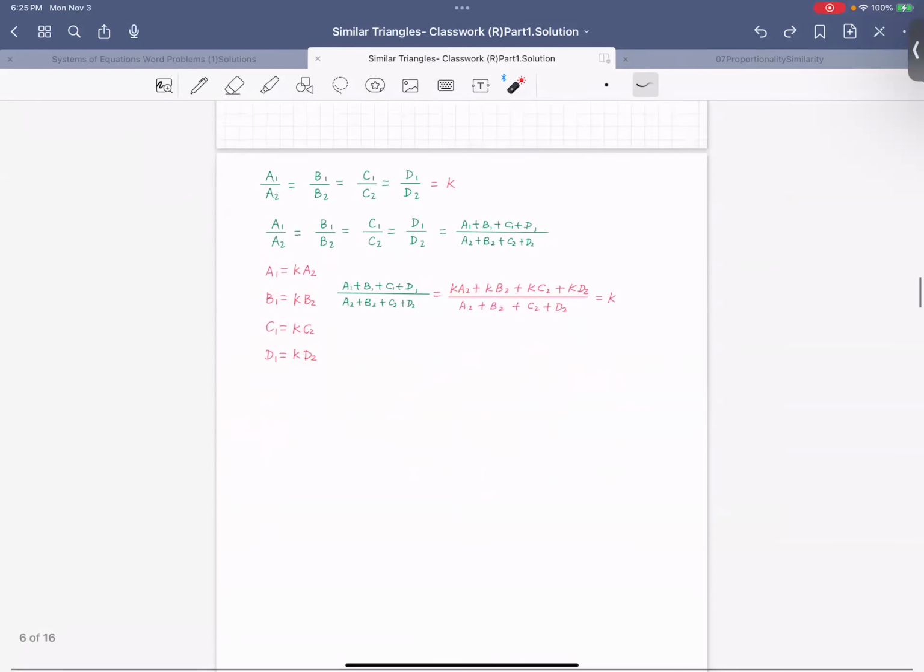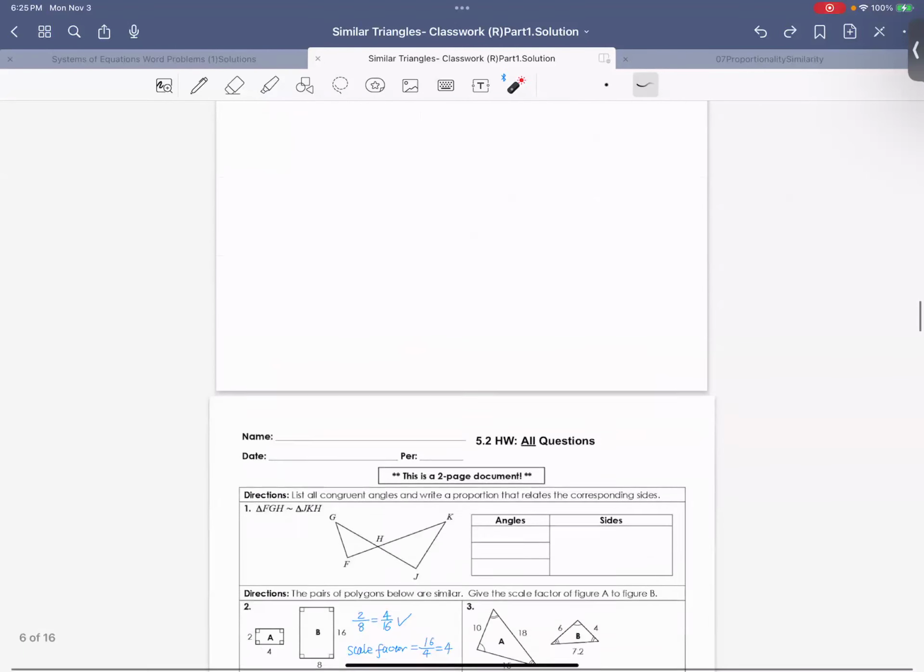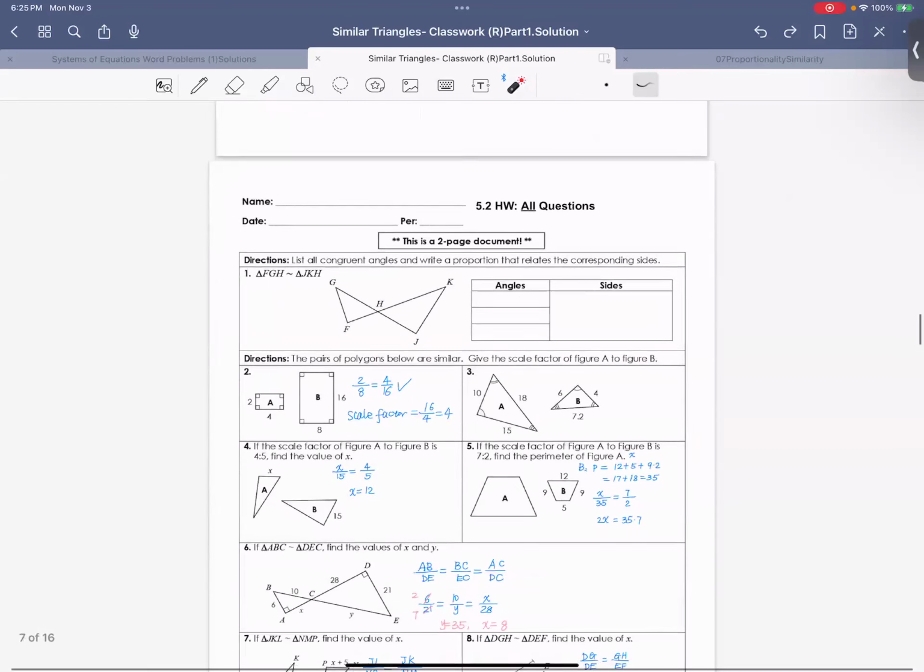If it's too fast, you can take a screenshot and write it down after the class, okay?